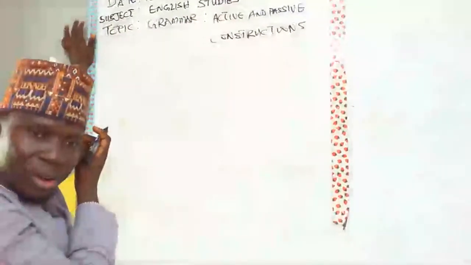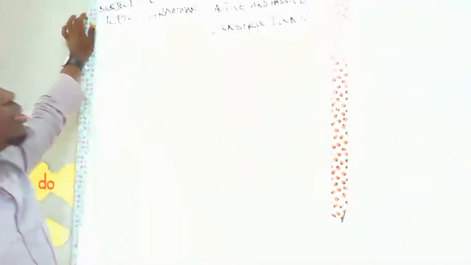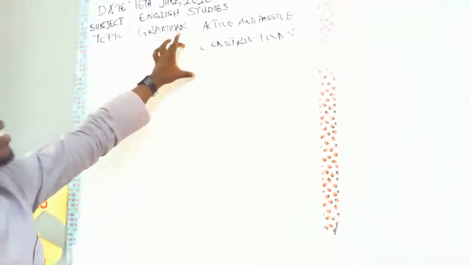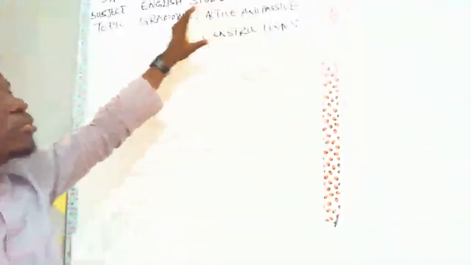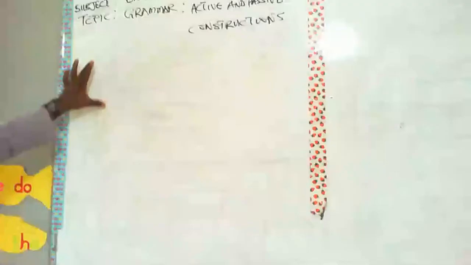If you could remember very well, when you were in JSS 1, when you were in Basic 7, you've been taught about active and passive. You've been given active and passive definitions. We are still going to go back to it.